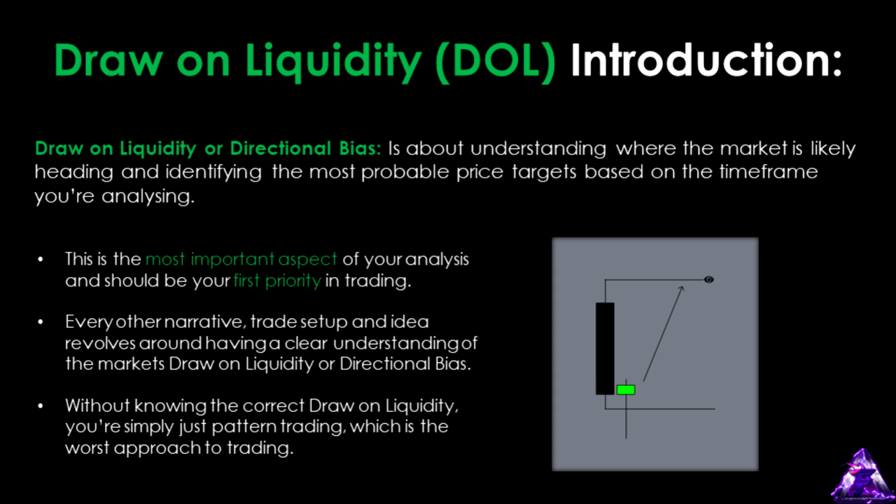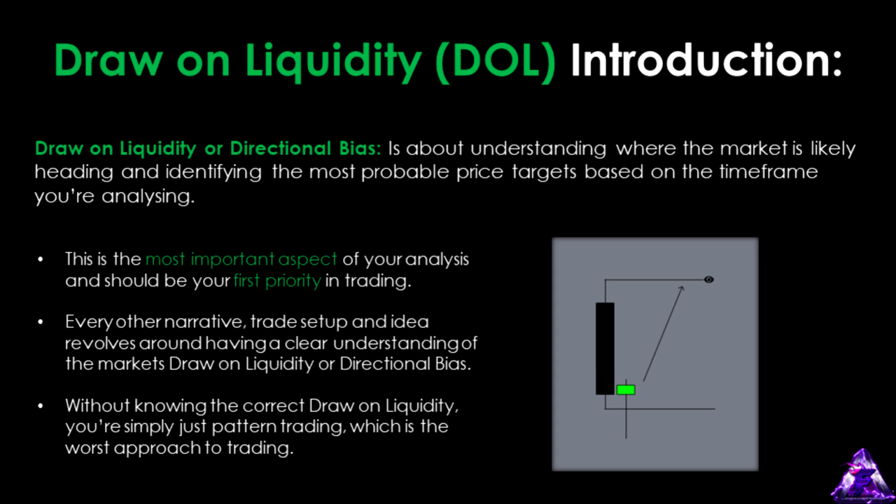Draw on liquidity, or directional bias, is essential to your analysis and should be your first and primary focus. By understanding draw on liquidity, you'll have a clear sense of where the market is moving, allowing you to position yourself accurately in that direction.